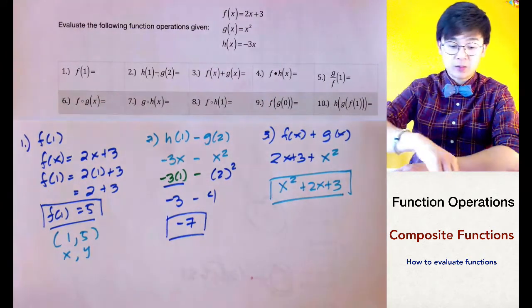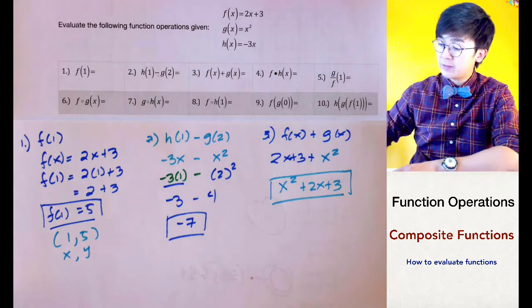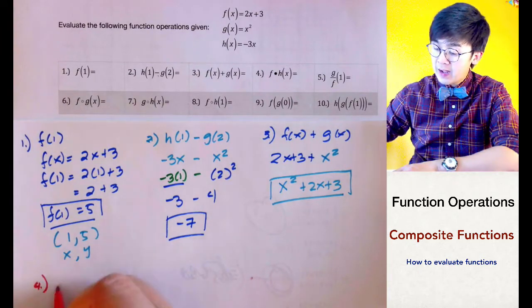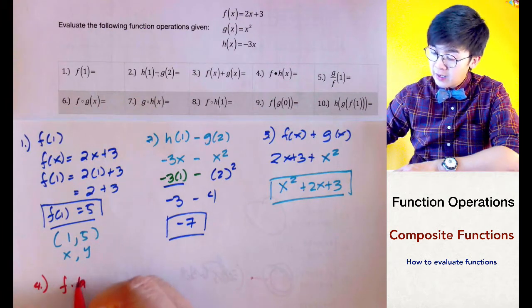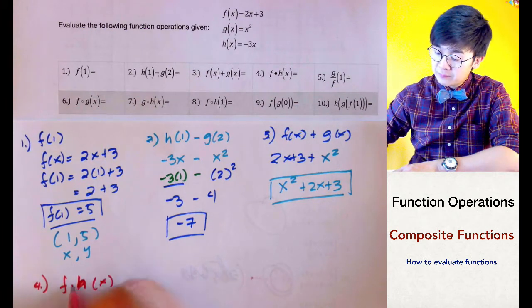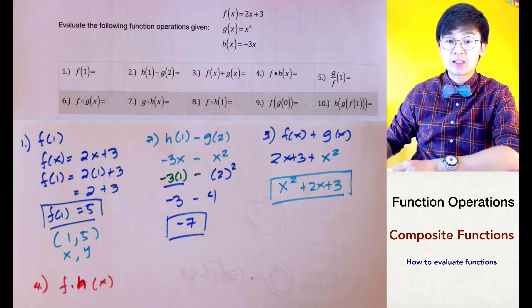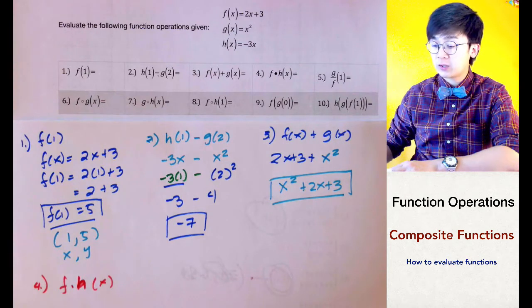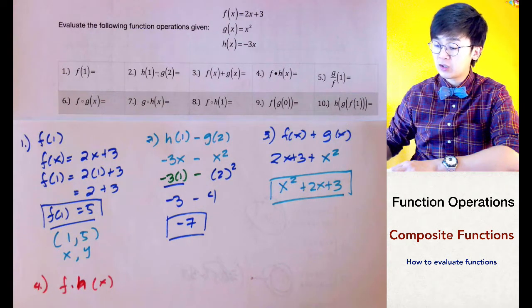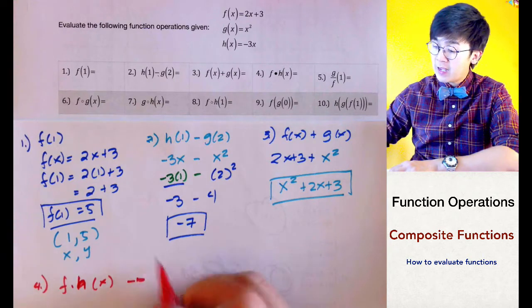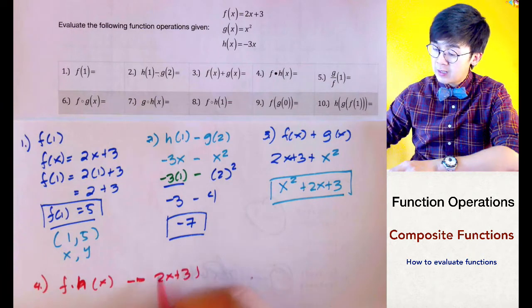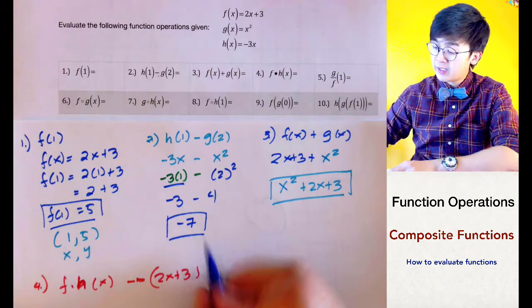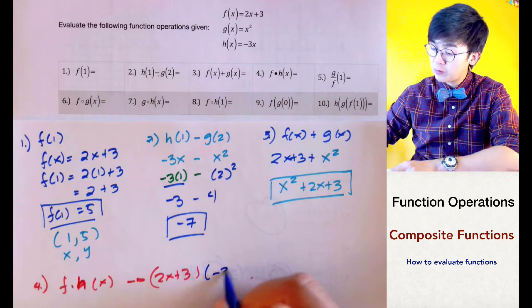Now for problem number 4, we'll have f times h of x. That is an operation of multiplication, so we're going to be multiplying f and h. So f is equal to 2x plus 3, and we're going to multiply it with h, which happens to be negative 3x.